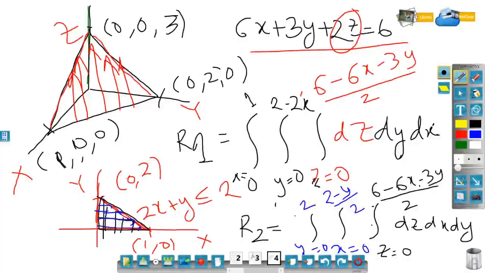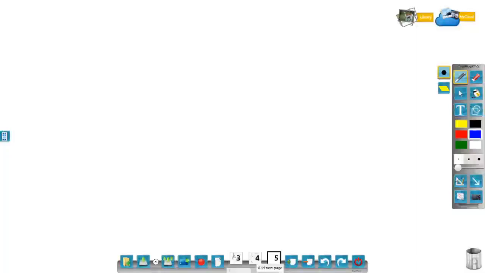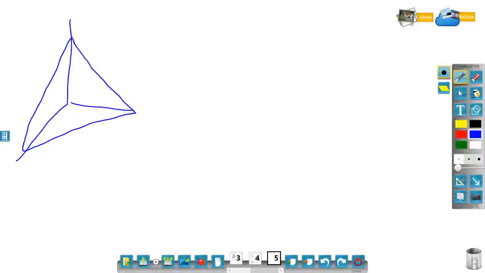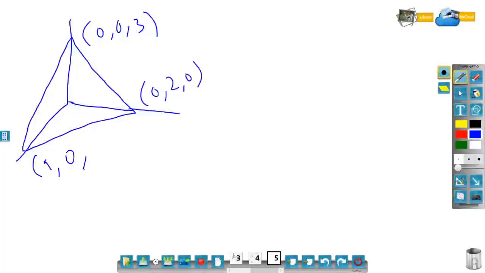Well, let me write down the other four also to get clarity in the answer. So let me draw this diagram again here. The tetrahedron is going to be very important. So (0, 0, 3), this is (0, 2, 0), and this is (1, 0, 0).